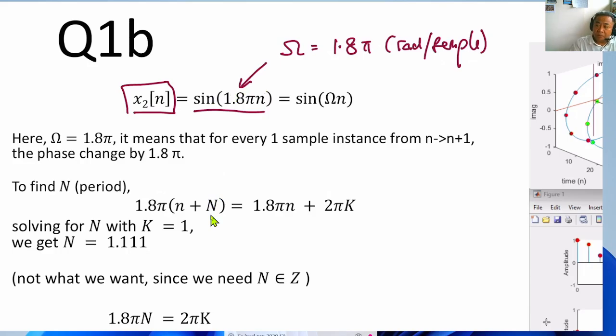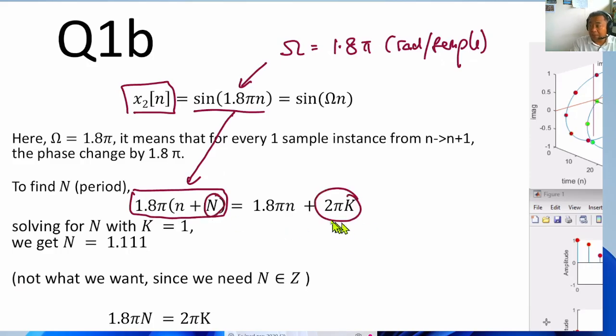Again, refer back to question Q1a. What we are trying to find is the internal expression here for theta. If capital N can be associated with any multiple of 2 pi, then this signal will be periodic. Again, we substitute k equals to capital K equals to 1.